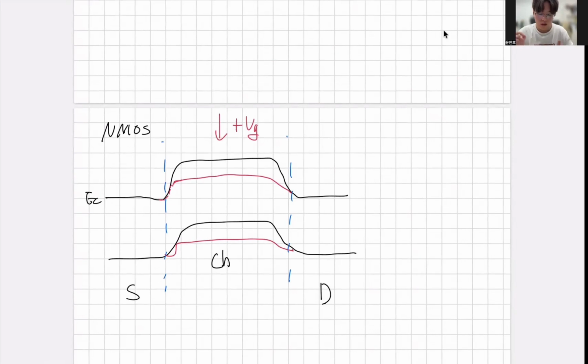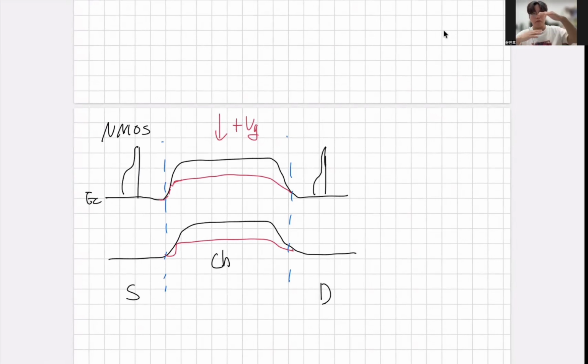And this is the NMOS, so we can draw the Boltzmann electron concentration like this. Sorry, like this.